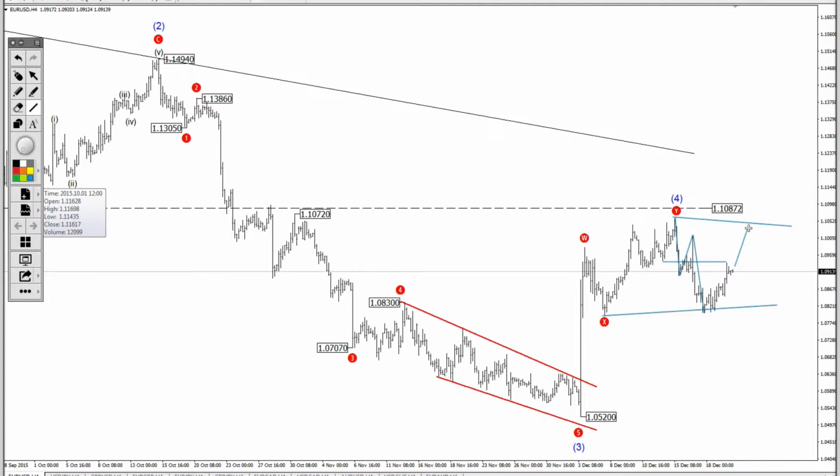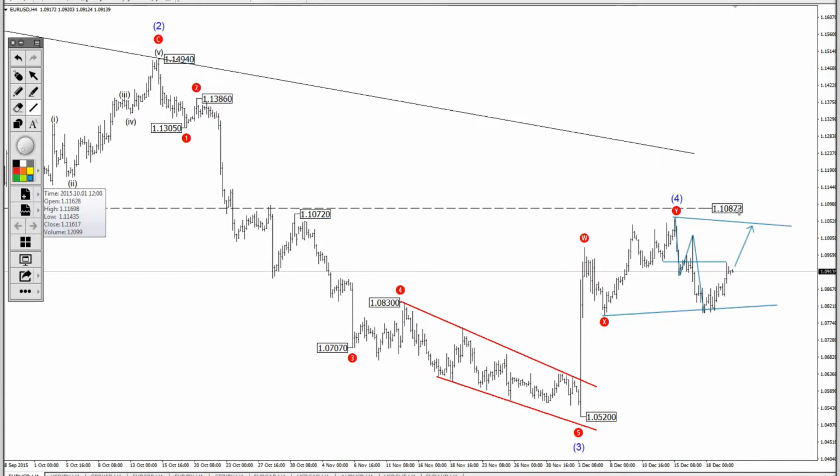So we might expect a move to the upside near 110.5 towards the upper part of this trend line. Or we might even be forming a 1 degree larger correction. We might still be even in the intermediate wave B correction. So at this point, quite hard to say what is the case here.